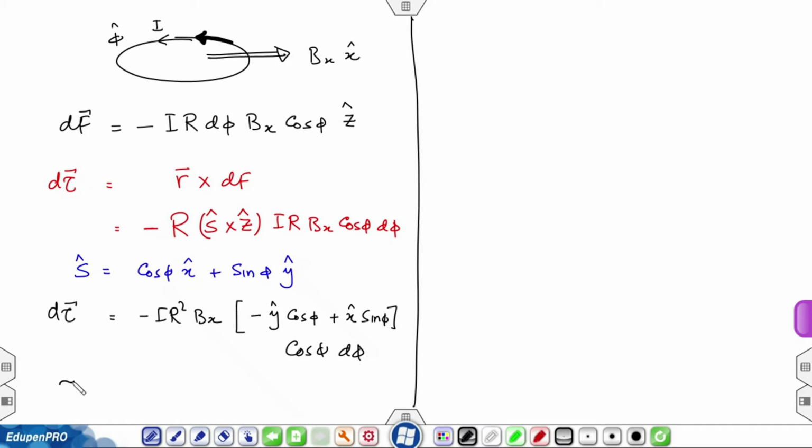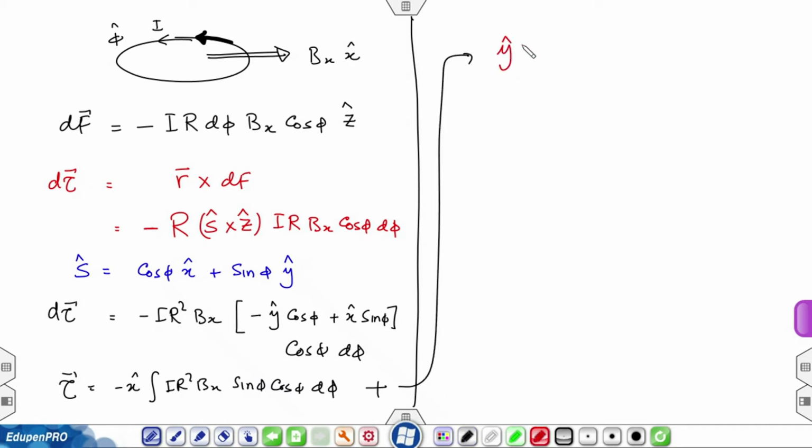And tau therefore is equal to the x component with a minus sign, integration I r square Bx sin phi cosine phi d phi, plus the y component, I r square Bx integration cosine square phi d phi from 0 to 2 pi.